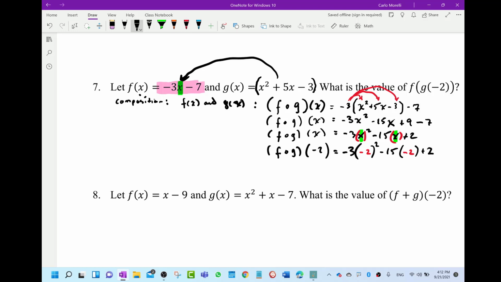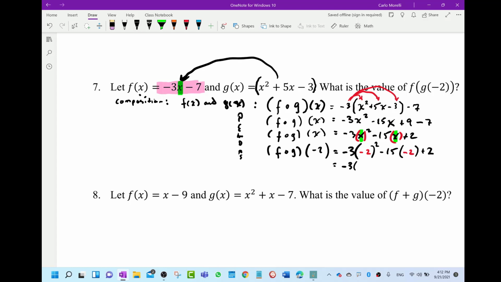Now you just simplify and solve. Work PEMDAS. Remember PEMDAS? You got to do it, because first you got to do the exponent here. So you got to do negative 2 squared. So what's negative 2 squared? Well, anything squared is positive, so 2 squared is 4. So you got negative 3 times 4.